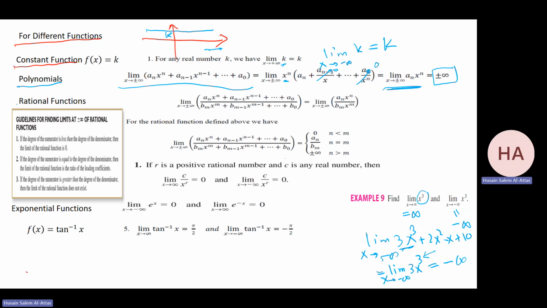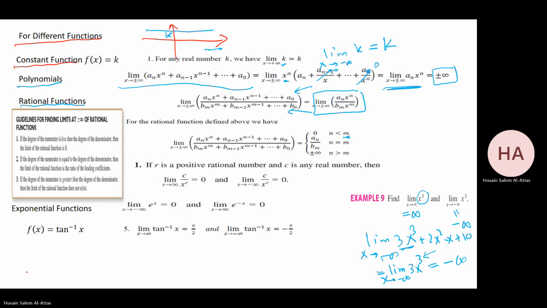Now for the rational function, the same idea. The limit of a function, polynomial over polynomial, will be controlled by the leading terms. So if the degree of the numerator is less than the degree of the denominator, then that will be 0.